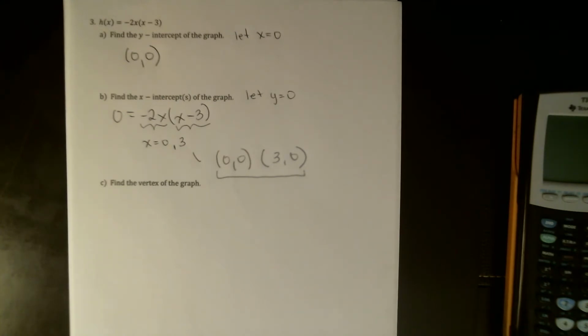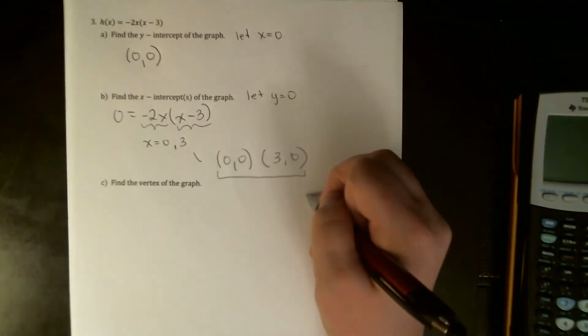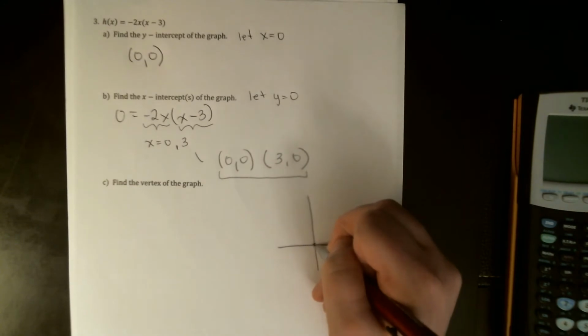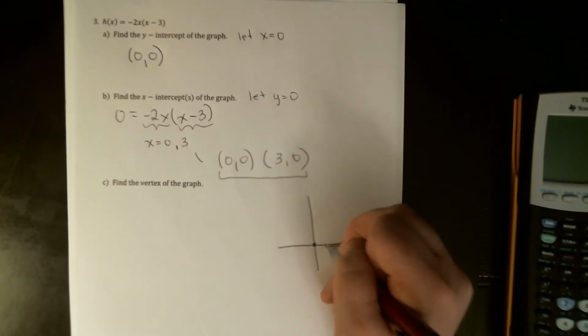They're always symmetric across the vertical line through their vertex. So if you find two x-intercepts of this graph, here we can do a rough sketch even with what we've got right now. We know that it crosses through 0, 0 and 3, 0.